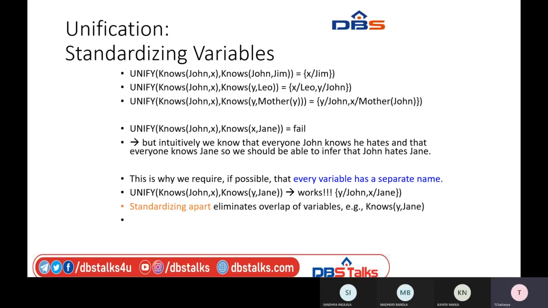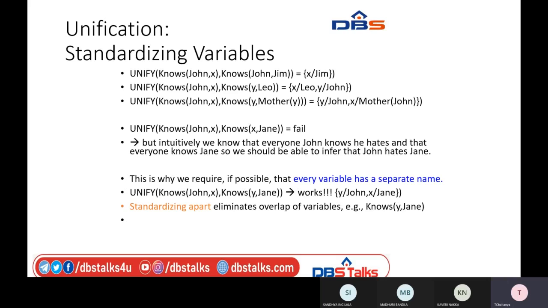So Y by John, and you can match here: knows(John, mother of John). These two sentences will be reasonable. So we can substitute to match the values.